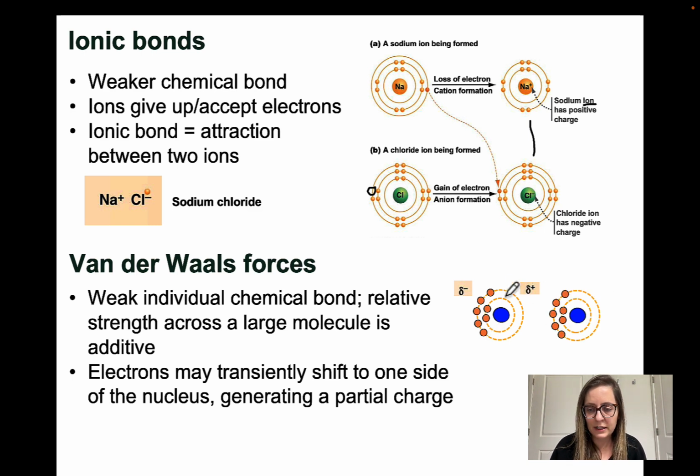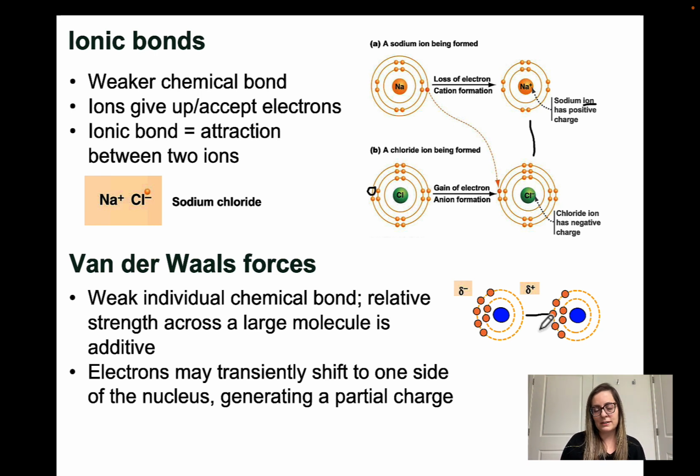And this could create a partial charge where we have a partial negative charge over here and partial positive over here. And this would create an atom that could interact with another atom that is similarly shifted, with the electrons on one side of the nucleus. And this creates a van der Waals force.